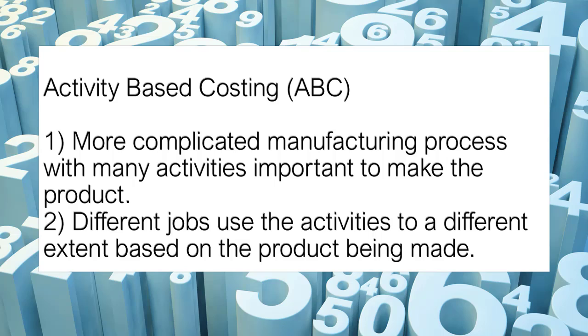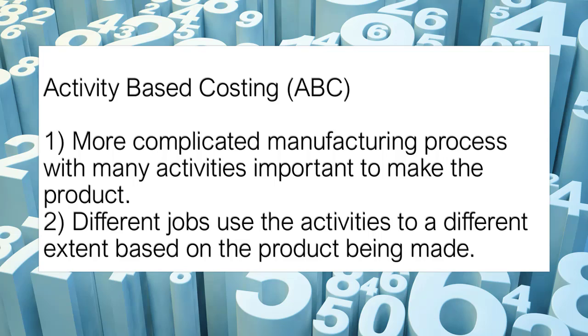Activity-based costing, or ABC, works well when we have a more complicated manufacturing process with many activities that are all important in making the product. So maybe you have your purchasing department, and then it's shipped in, and you have material moving around, and then you have fabrication, and parts assembly, and packaging and all those things.